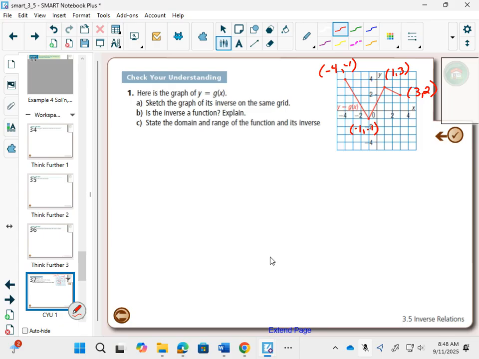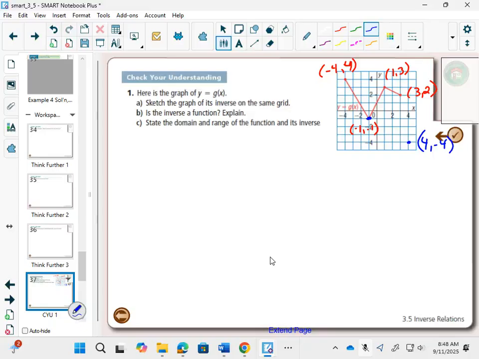And if the inverse just means that your x's and y's switch, this happens to these points. Instead of negative 4 comma 4, I now have 4, negative 4. And instead of negative 1, negative 1, I now have negative 1, negative 1, because if I switch the x and y, it still stays the same.